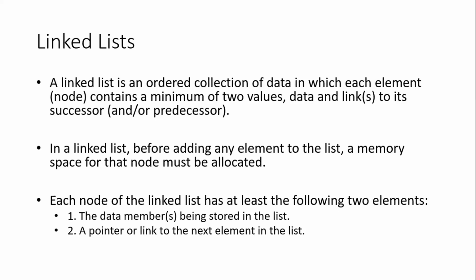In the middle, I may ask for other nodes, and at that time you have to allocate them. So these will not be together. These are placed somewhere in the memory and those are placed somewhere else in the memory. But again, you have to link these two nodes to each other. That is the reason we have to maintain a pointer or link to the next element in the list.